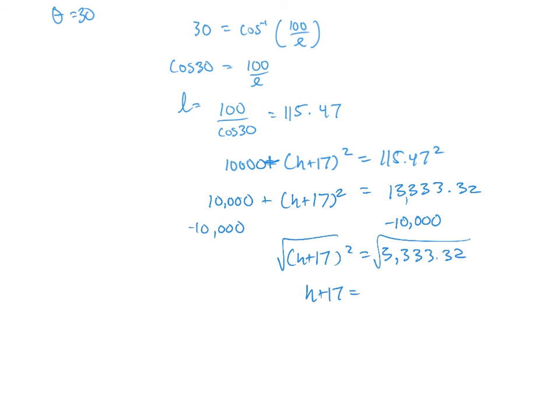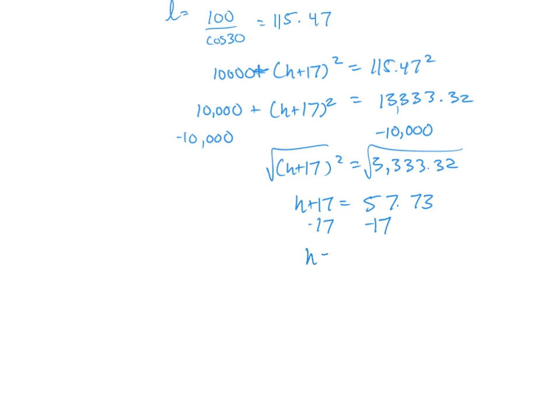H plus 17 equals 57.73. Subtract 17. H should equal 40.73, around there, maybe 40.74, for our height.